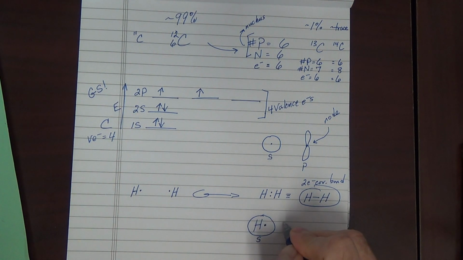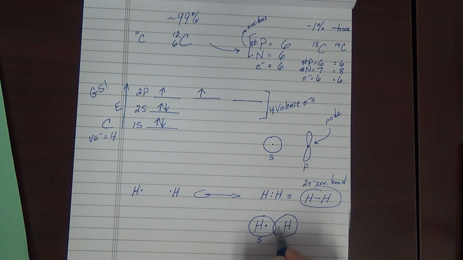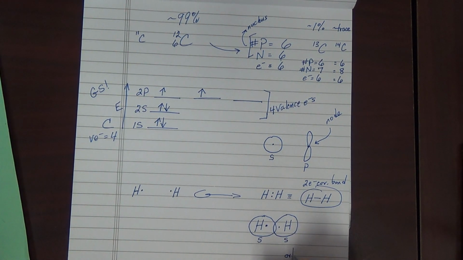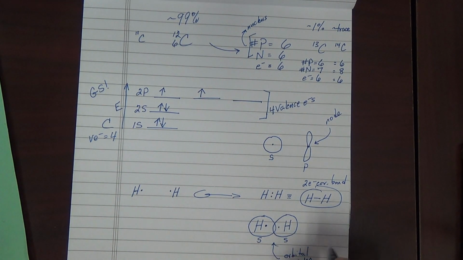But then the other H, let's see if we can do this. These orbitals come together. It's really orbital overlap, right? What type of orbitals? S orbital overlap.